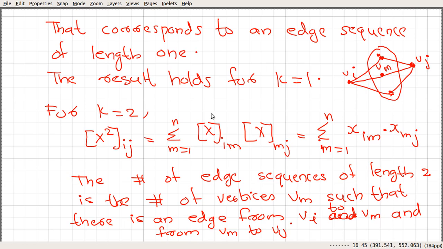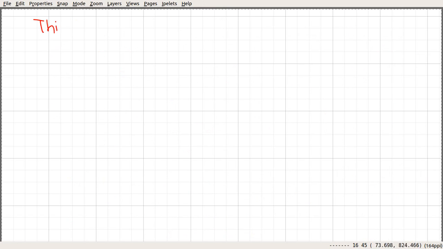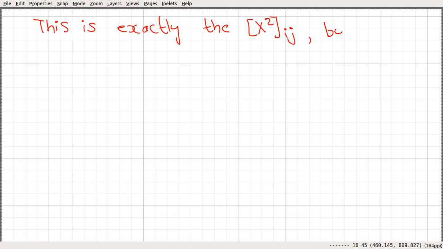Okay, and this is exactly the ijth entry of the square of the adjacency matrix, by the definition of matrix multiplication.